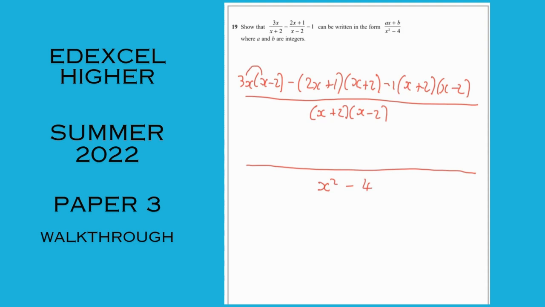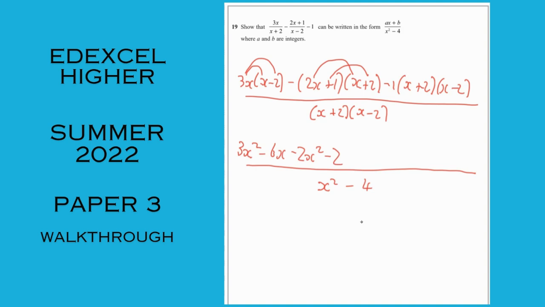So, expand this, 3x squared minus 6x. When you expand these, don't forget there's a minus in front, so change all the signs. 2x times x is 2x squared. Change the sign. Positive 1, positive 2 is positive 2. Change the sign.